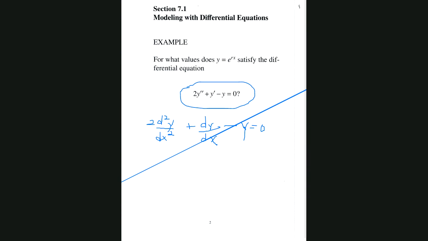But what you learn in that class is that y equals e to the rx power is a solution that will satisfy the differential equation. The question is, what is r? Well, r is some number, some constant that we have to solve for. So whenever you see problems where y is a function of x, you have to treat r like a constant.